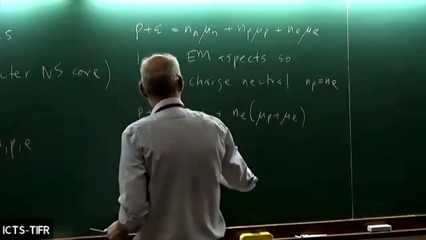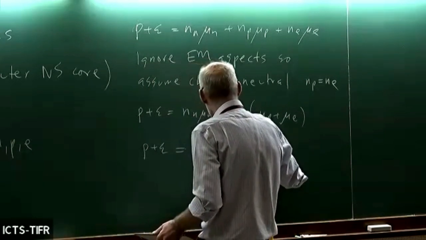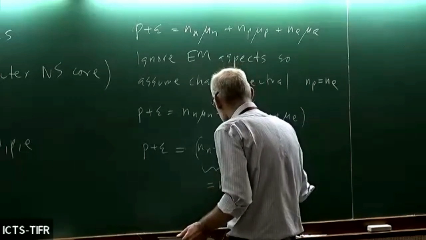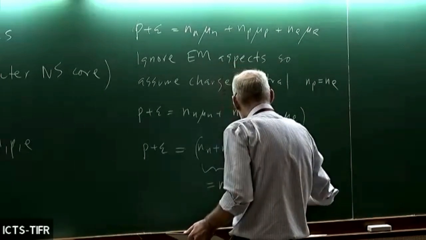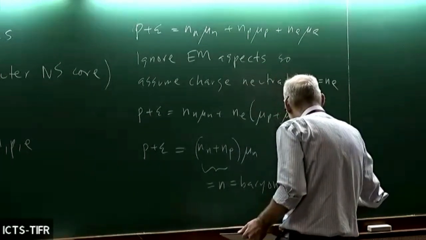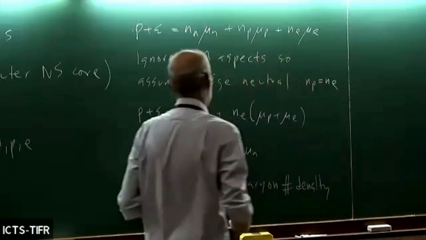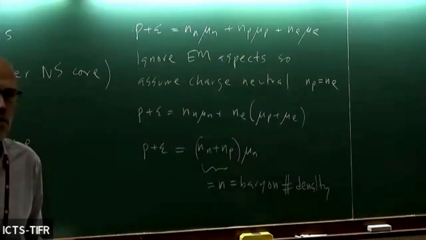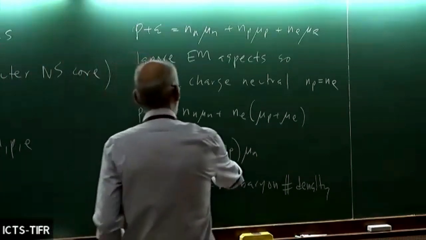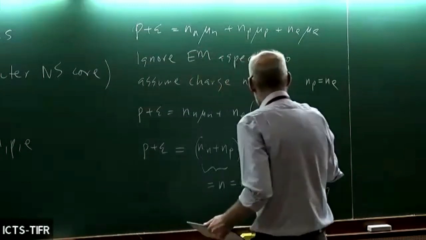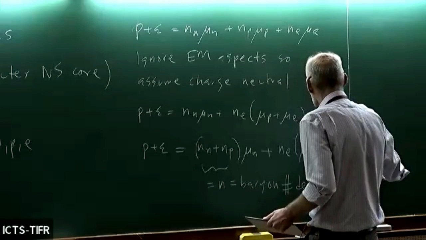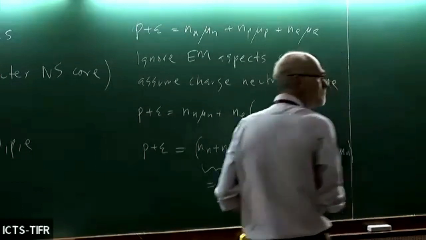Okay. Anyway, we're going to put in the protons here, because then we have the baryon number density here. Okay? And we knew from yesterday that baryon number density is conserved. So that's a nice variable to have. Okay? Of course, if I do that, I need to subtract this from the other guy. Right?